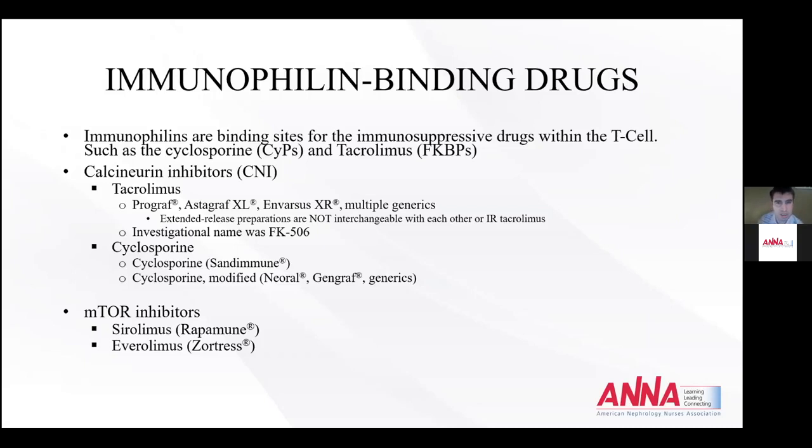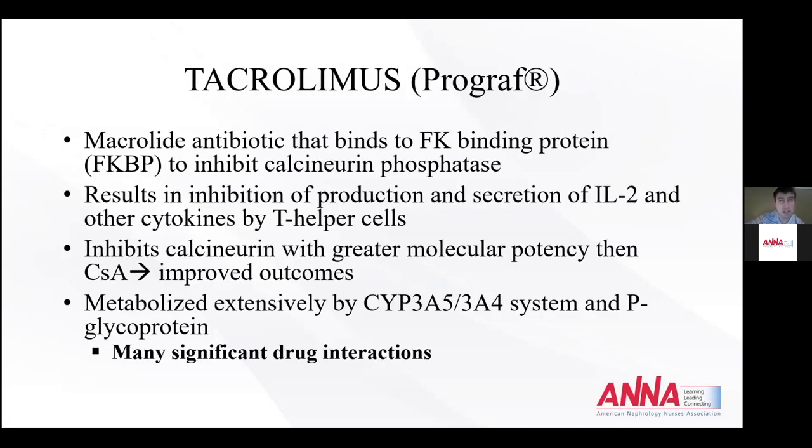There's a whole different dosing schedule when you're using long acting ones. Cyclosporin, also known as Sandimmune, Neoral, or Gengraf, are probably the most common ones you'll see. I think everybody just gets the generic because it's cheap. And then also you have mTOR inhibitors, which you saw, sirolimus, or Rapamune, inside the cell as well. And mTOR is an immunophilin.